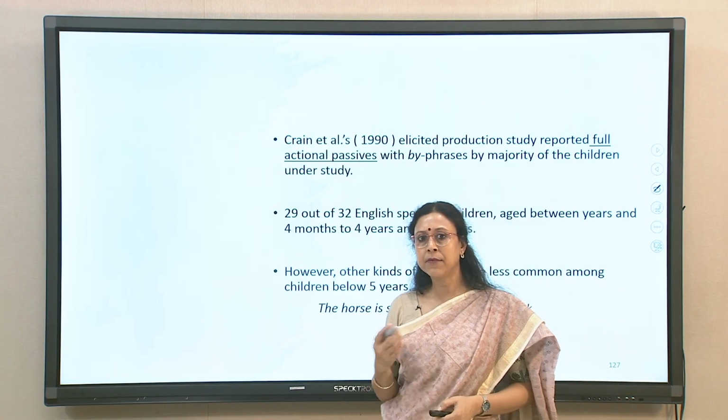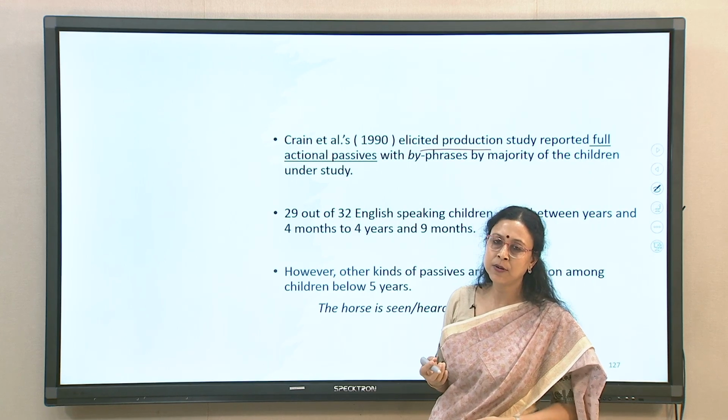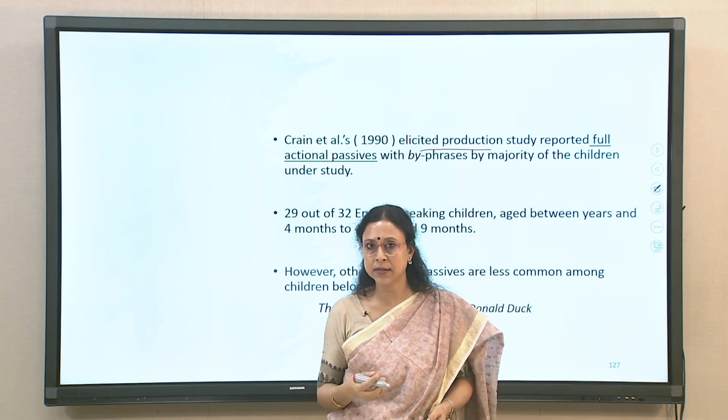There was a very well known study, an elicited production study, not spontaneous speech, elicited speech, which reported full actional passives with by-phrases by a majority of the children under study. They had 32 English speaking children who took part in the experiment.